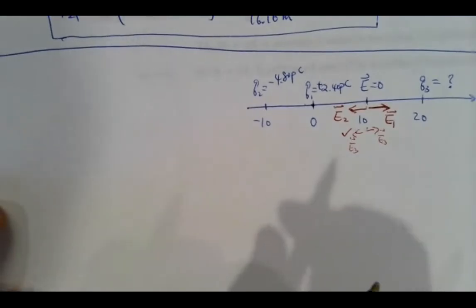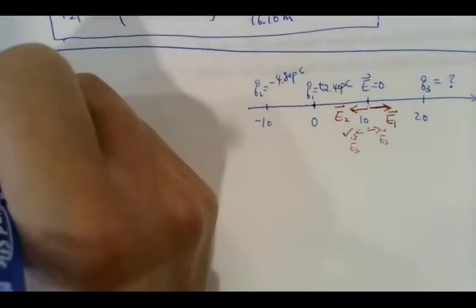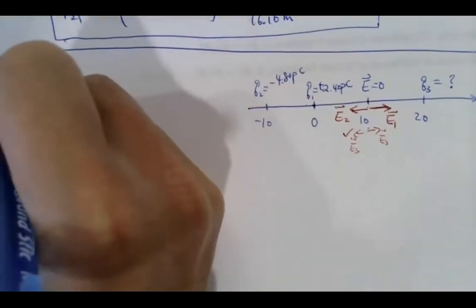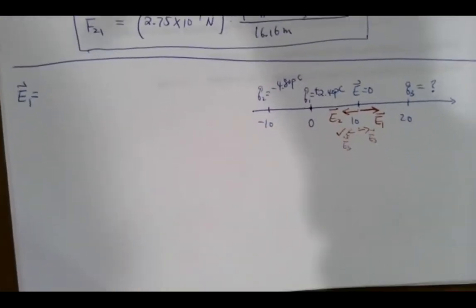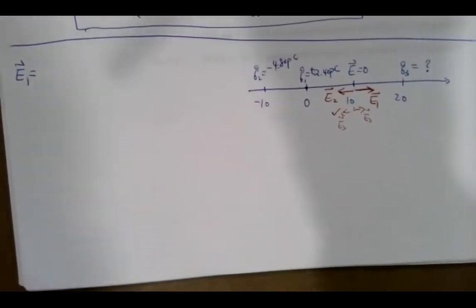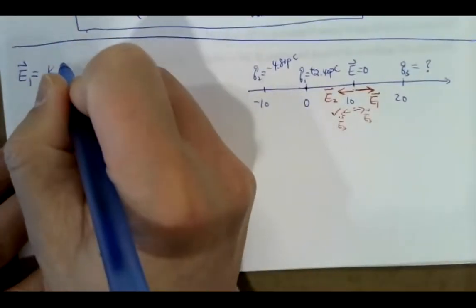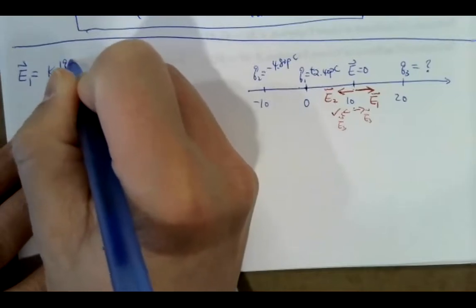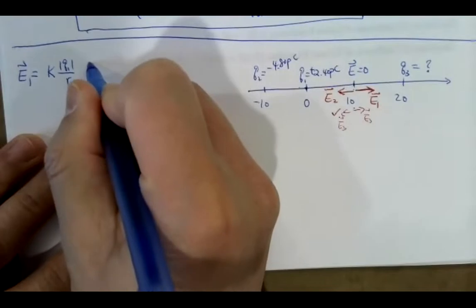We can see that E1 is in the positive x direction, so you can write E1 equal to K times absolute value of Q over R1, and the direction is positive x.